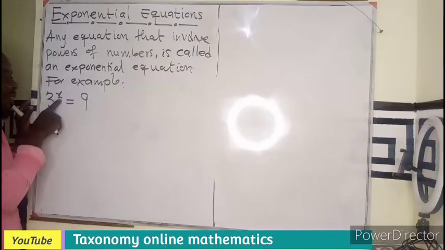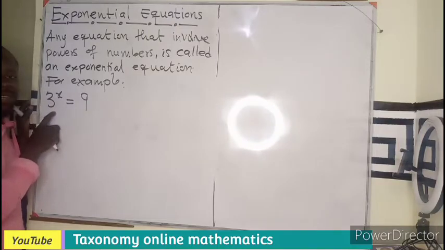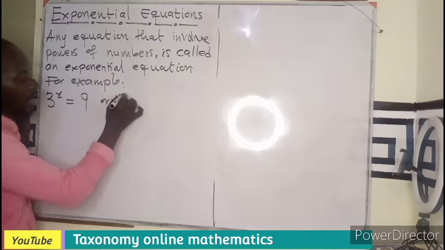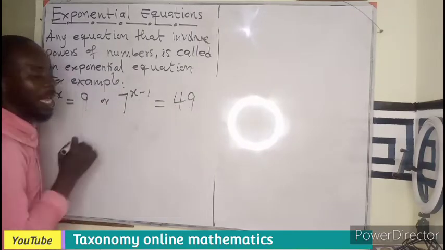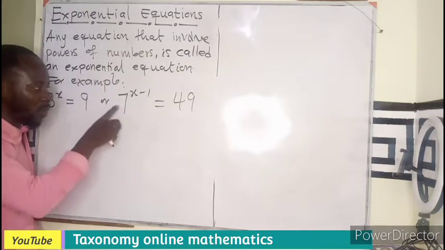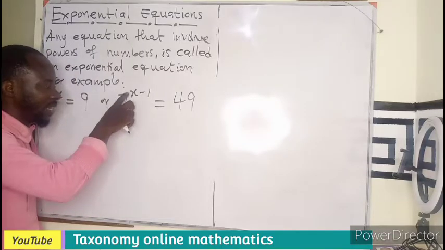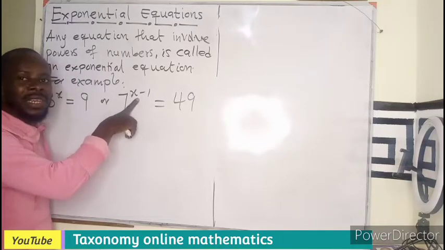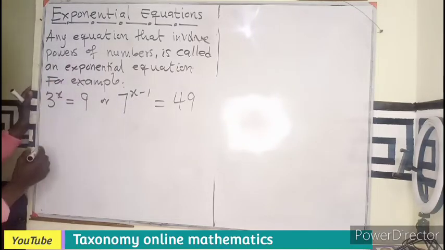But because we have a power or an index on a number, we call this an exponential equation. Or we can also have 7^(x-1) = 49. This is also an exponential equation because we have an equal sign, and we have a base and an exponent. So this could be our example.